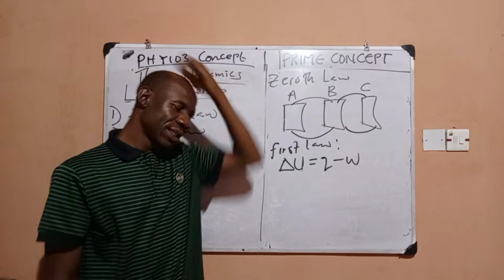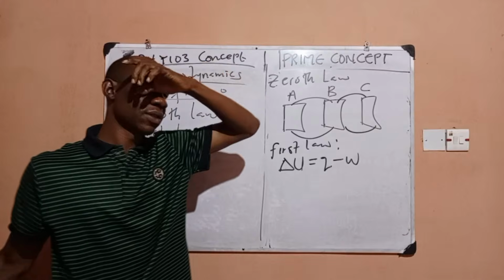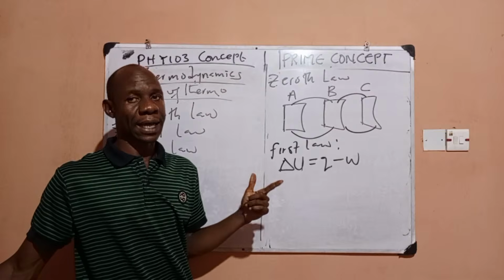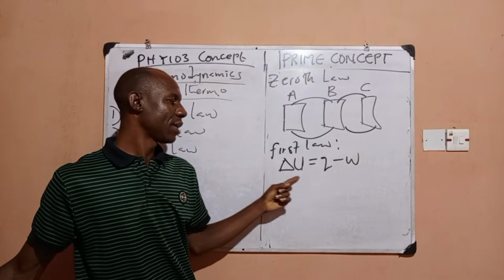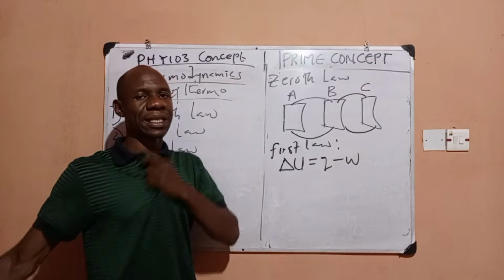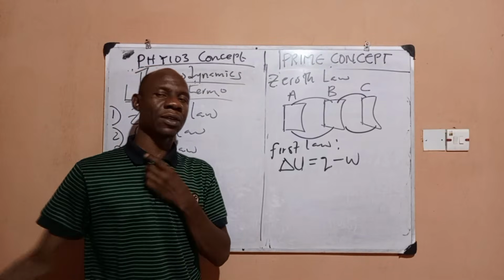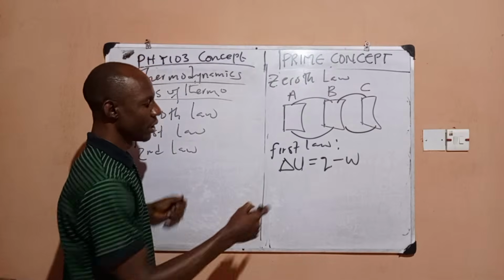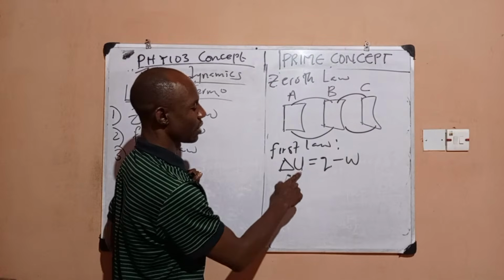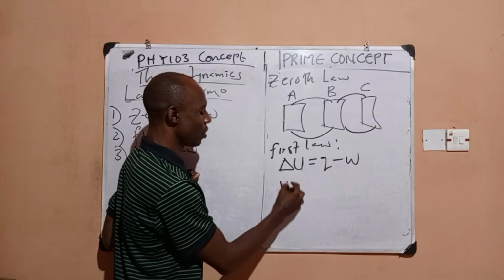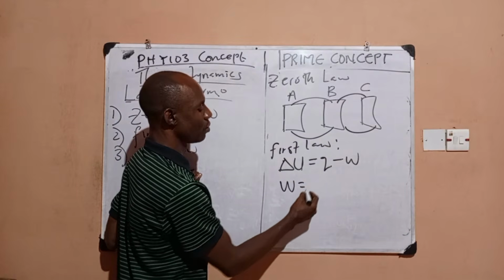Now, when I taught this in Chem 101, somebody came back to the comment section and said that when he checked, AI told him that delta U is Q plus W, and I said that is also correct. It is just dependent on sign convention. And let me clear that now. If you decide to choose delta U to be Q minus W, then it means your work done is going to be positive.